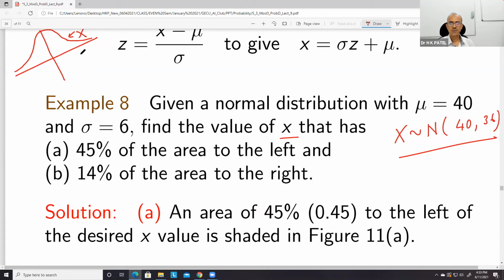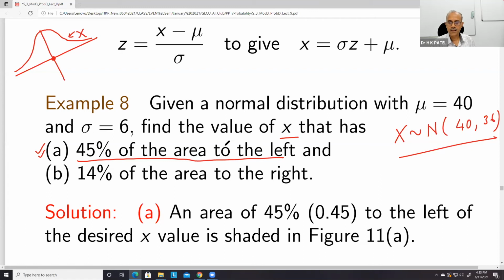From the given condition, we first decide the position of x. Position of x means whether it is to the right of the mean value or the left of the mean value, and we can decide this from the condition, 40% of the area to the left.